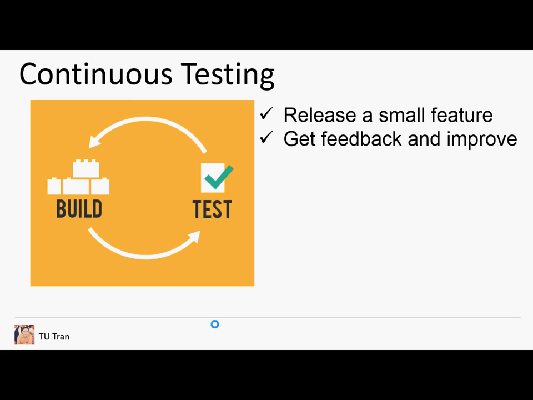For example, every week I deliver a new version to the user, and they can use the feature and send us feedback. We continue to improve it. We do it again and again. So finally, the quality of the application will be higher.